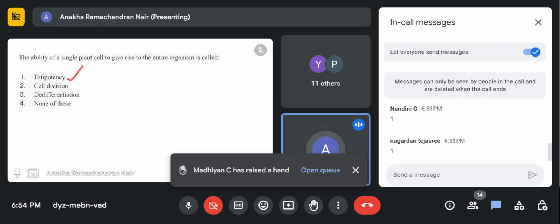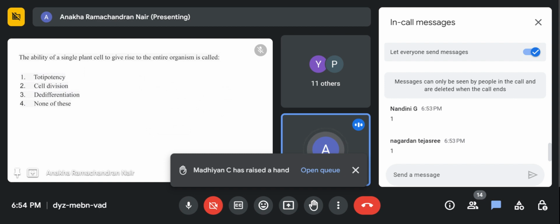Plant cells are totipotent in the sense that no matter what cell you take, it could be a leaf cell, a flower, ovules, the stem, the root, under the proper conditions, these cells can be de-differentiated and then re-differentiated to form a completely new entire plant. So that is the totipotency of the plant cells.